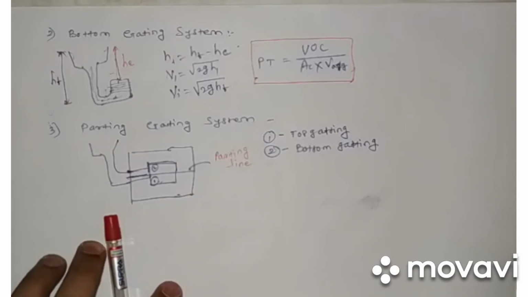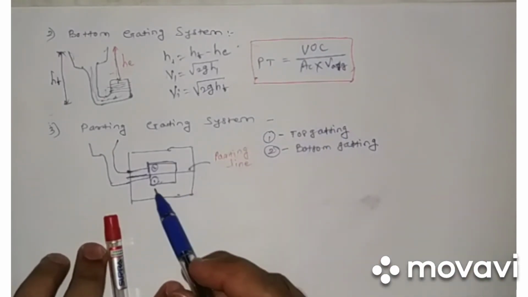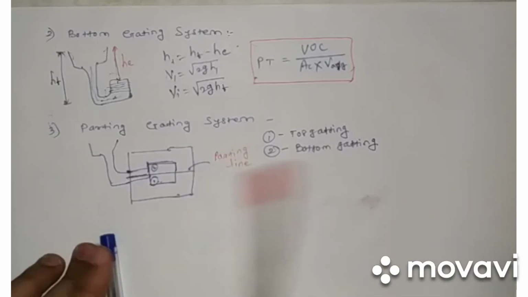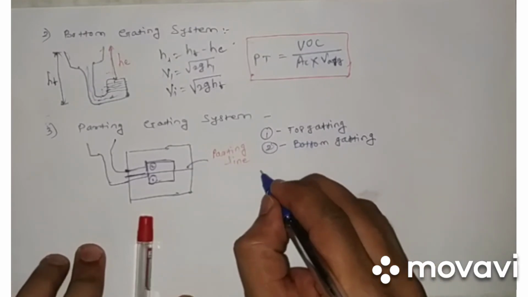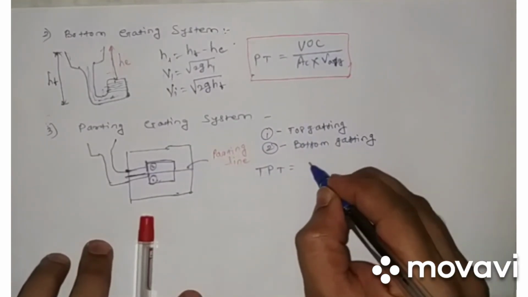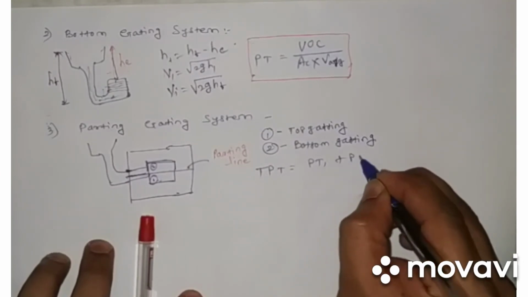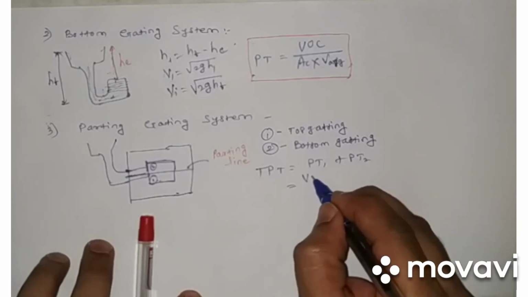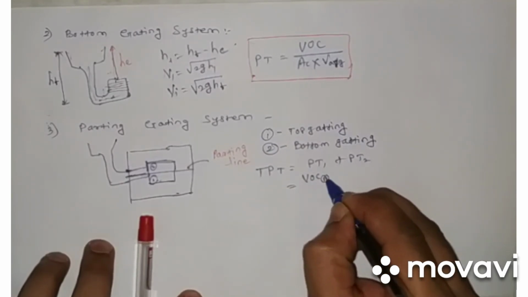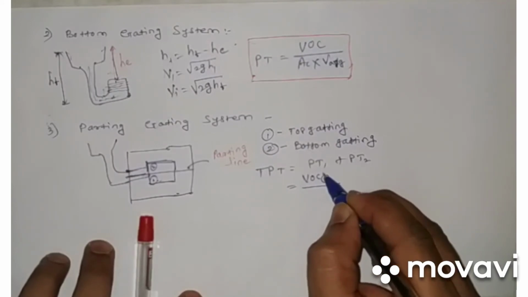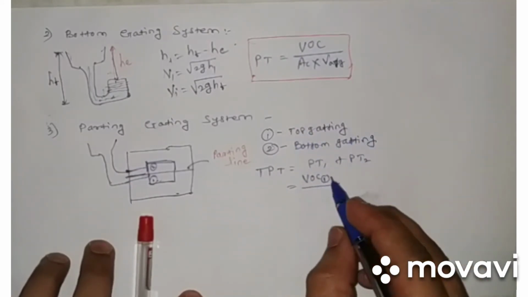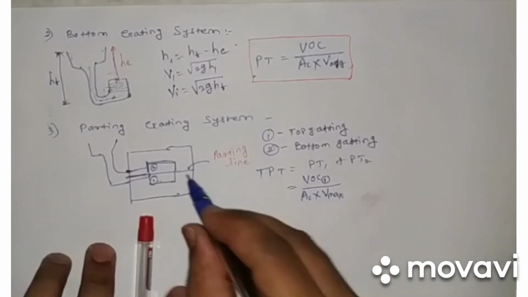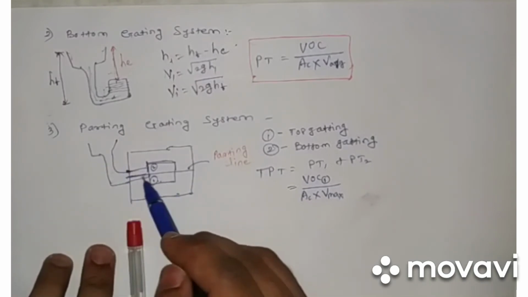So here it is the combination of both the systems, so we have to combine the time required for both the gating systems. Our total pouring time will be pouring time of 1 plus pouring time of 2. P1 will be the volume of casting at section 1, so this much volume will get filled with the help of the top gating system, with choke area, and here I am getting the maximum velocity because the total head is acting for this volume.